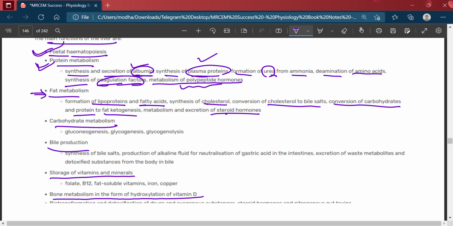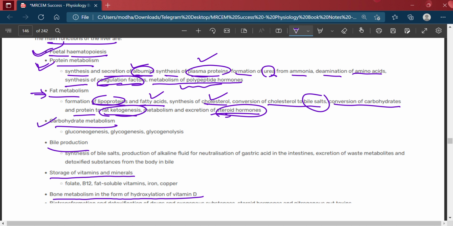Okay, then the fat metabolism: formation of lipoprotein, fatty acid, cholesterol, then conversion of cholesterol to bile salt, conversion of carbohydrate and protein to fat, ketogenesis. Then metabolism and excretion of the steroid hormone.